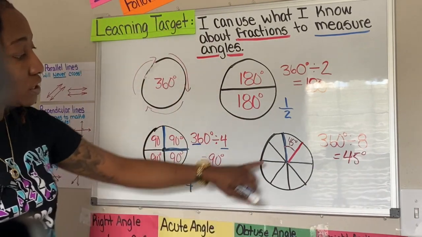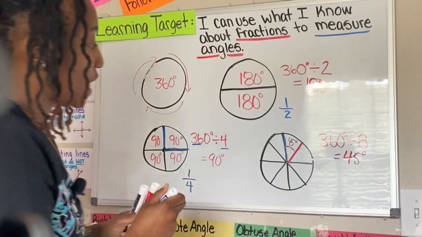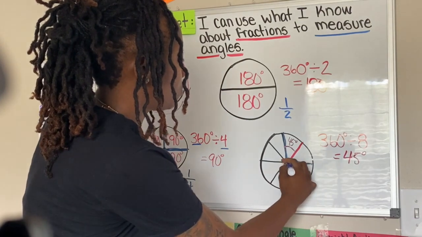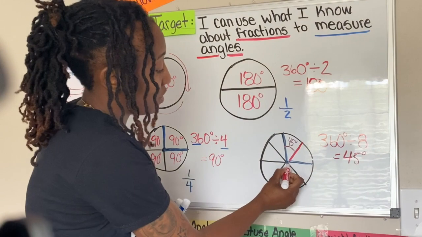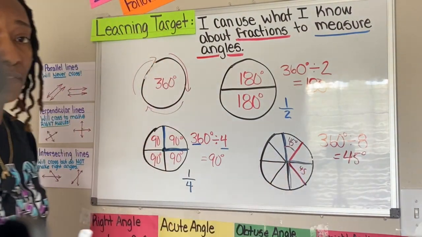So if you were to go through each eighth piece, you would first identify that right angle. From that right angle, you'll then be able to partition it into that angle of 45, and so forth.